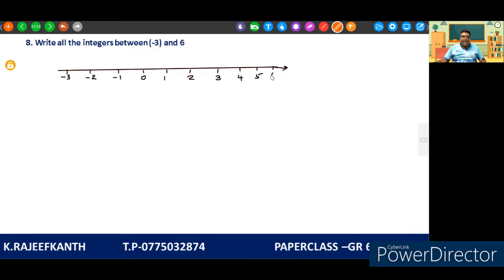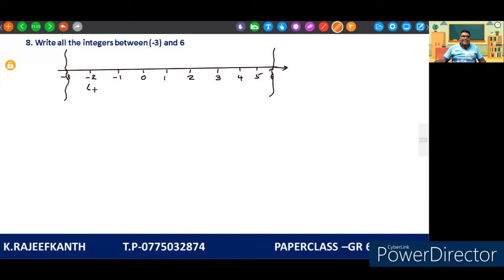Yeah, this is that number line. On the left side of 0 we mark the negative values, and on the right side of 0 we mark the positive values. Here this is -3. Here this is 6. Now we have to write all the integers between -3 and 6.